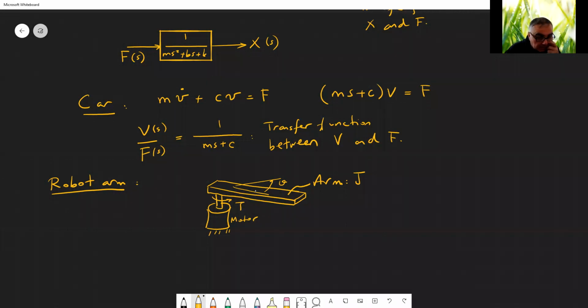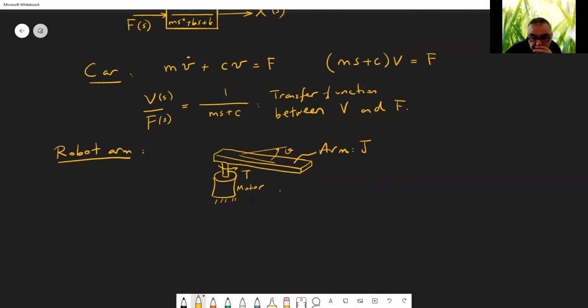So the equation of motion describing this arm, although it looks complicated, is very simple. It is simply the following. The torque applied on it is equal to J times theta double dot. We assume no resistance, no spring effect or whatever. So this is the equation that describes the system.